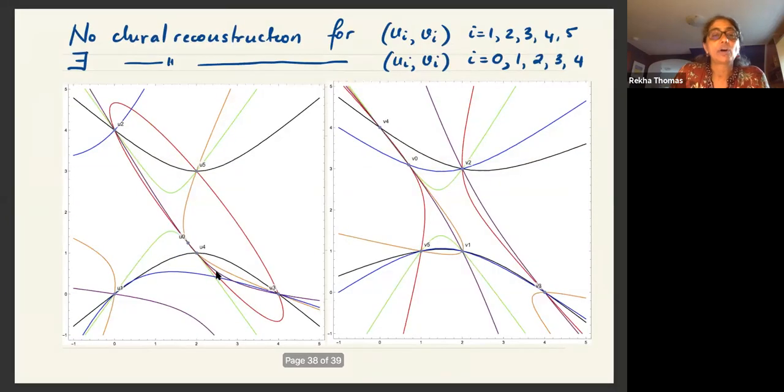Okay, but even more dramatic things happen. So if you fix even both image points, say, the U's and the V's, the U0 and the V0 came automatically, so they just get carried along. So even if you fix both sides, that means you're fixing everything, the U's, the V's, the determinantal representation, everything. Even if you do that, chirality is complicated, because if you pick a set of 5 points, for example, I pick 1, 2, 3, 4, 5 on either side, then I will have no chiral reconstruction, which was the example we saw much earlier.